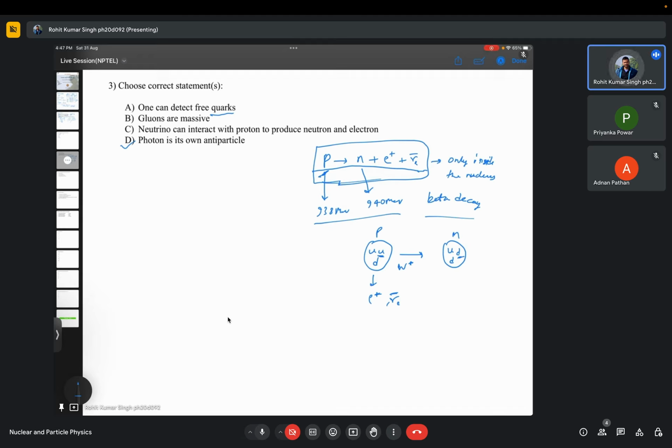But I don't think we can take it as correct, because neutrino is produced as a consequence of interaction with W boson. So yeah, okay, it's fine.